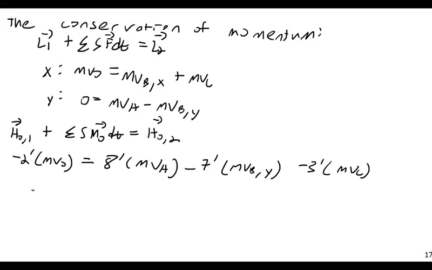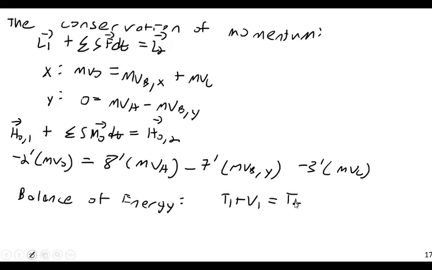Here, then, the balance of energy. The balance of energy will be 1/2 mv naught squared, or actually, let me do an intermediate step first. It will just be T1 plus V1 equals T2 plus V2.